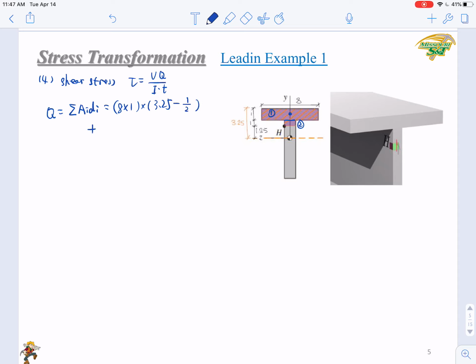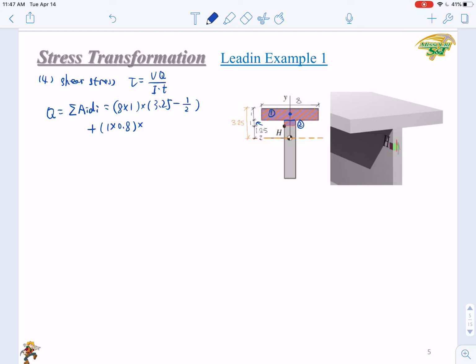Plus area 2. The area of sub-area 2, as indicated here, has a thickness of 1, so it's 1 times the thickness of the web. This is 0.8. Right? 1 times 0.8.